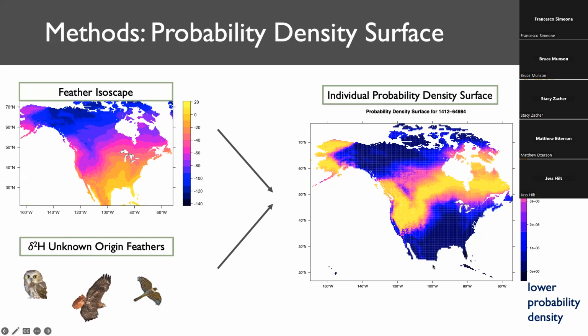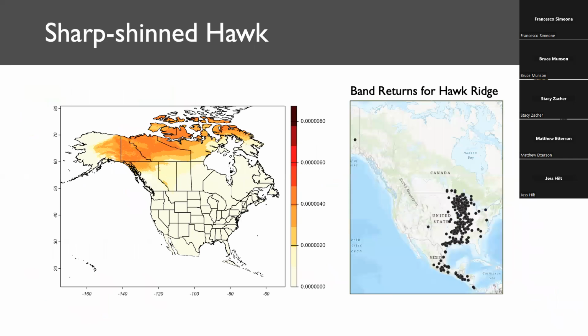So we did this for all 240 individuals, and I'm not gonna bore you tonight by showing you 240 maps, but I do want to show you just two examples that show the potential for this technique to tell us something. The first is from Sharp-shinned Hawk.